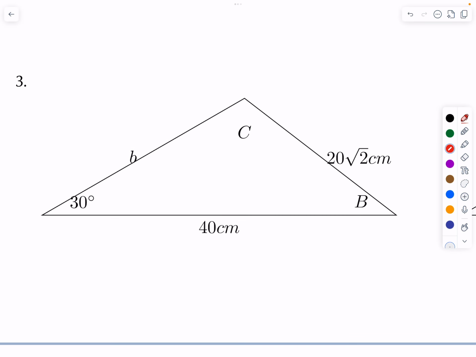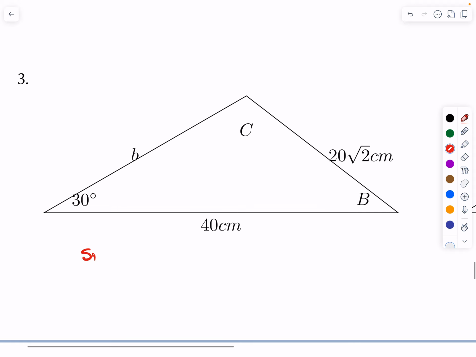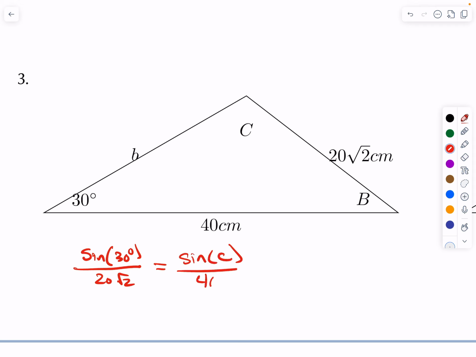Let's take a look at this particular law of sines problem. To do this, we're going to set up the law of sines like this. We have the sine of 30 degrees over 20 radical 2 equal to the sine of c over 40.